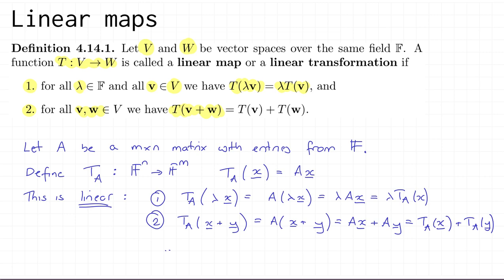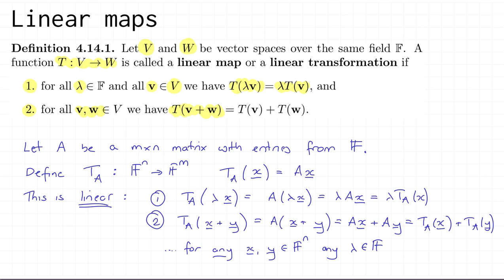Okay, so these things are true for any x and y in F^n and any lambda in F, and so T_A is a linear map.